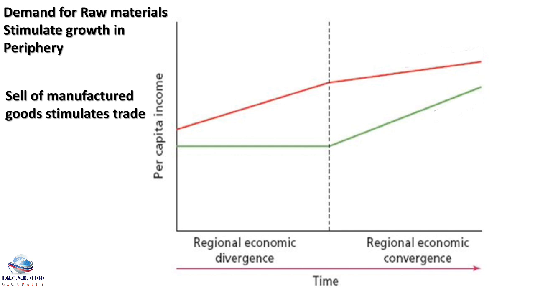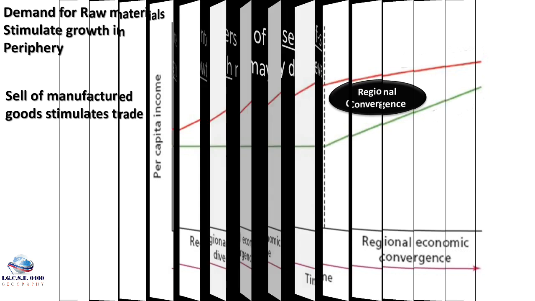And then also the selling of the manufactured goods in the periphery is going to stimulate trade. Probably some people will set up some shops, and this means that the development is now going to be converging. So these regions will no longer be so much different in terms of development.